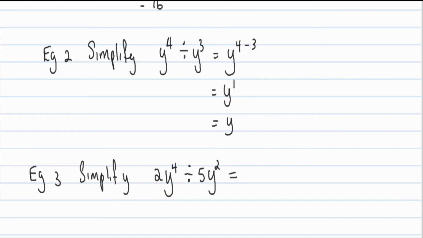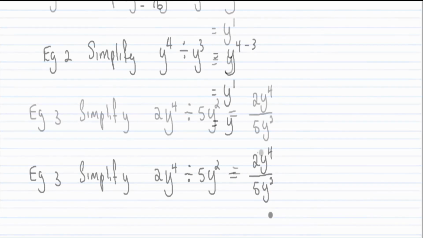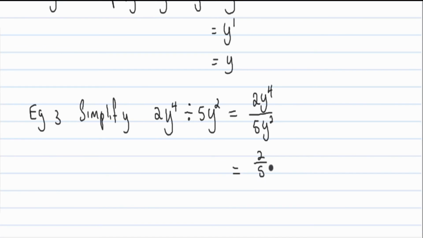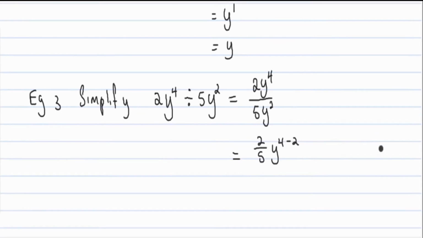So what I'll do, I'll write this as 2y to the power of 4 over 5y squared, and then I'll put that equal to 2 over 5 times y to the power of 4 take away 2. The reason the 4 comes first is because that is first on the numerator, and then 2 comes second because that's on the denominator. So I have 4 first, then 2. And what I'll get here is 2 divided by 5 and y to the power of 2.